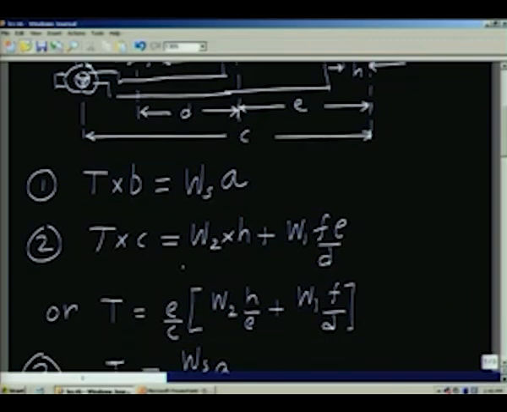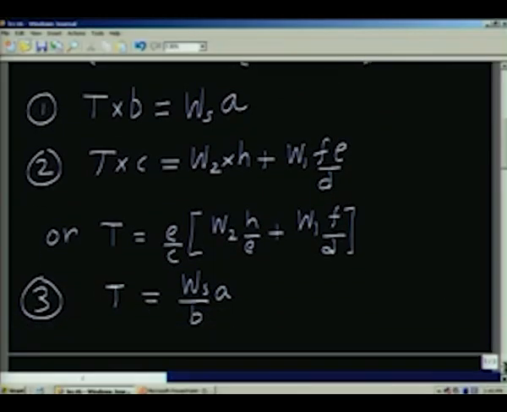I can rearrange this equation by writing T equal to E by C, taking E outside here. So this will be E by C multiplied by W2 into h by E plus W1 into F by D. Suppose we arrange h by E equal to F by D, because this is something which we can choose.